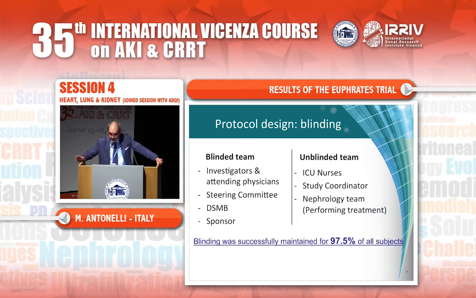This is something that could be done in Europe, but in North America less so, because in most cases in Europe the extracorporeal circulation and CRRT is run by the intensivist, and the nephrologist acts in collaboration but is not the one with direct responsibility. Blinding was successfully maintained in more than 97% of all subjects.